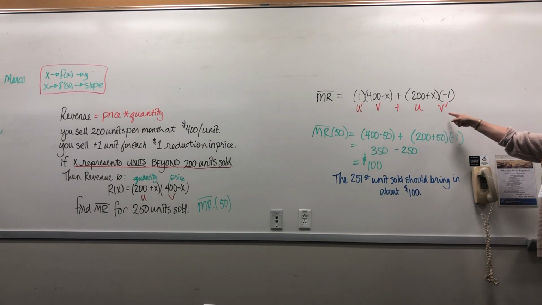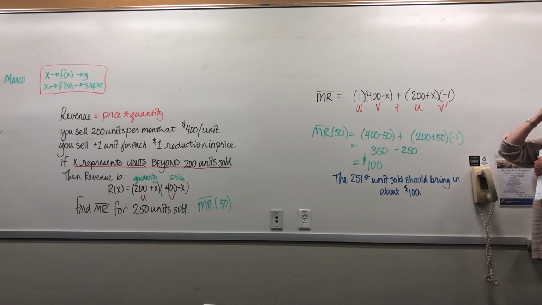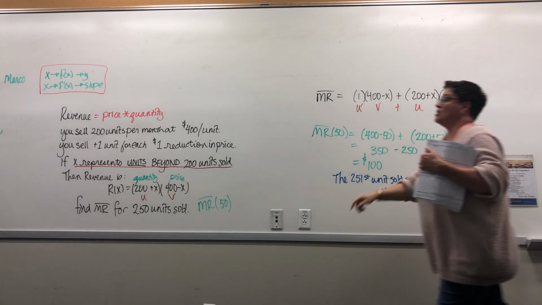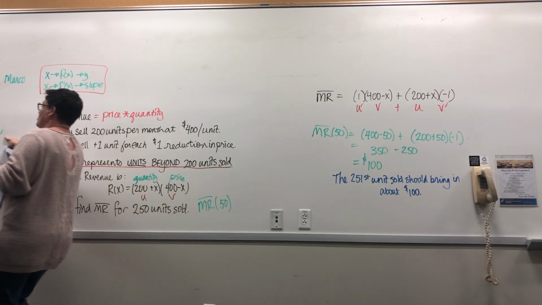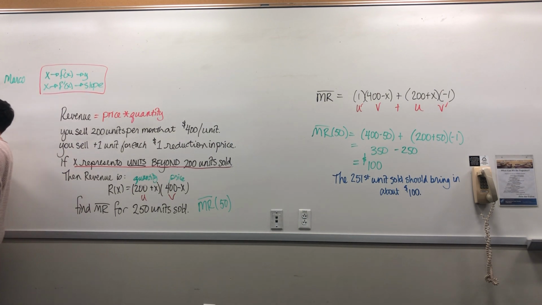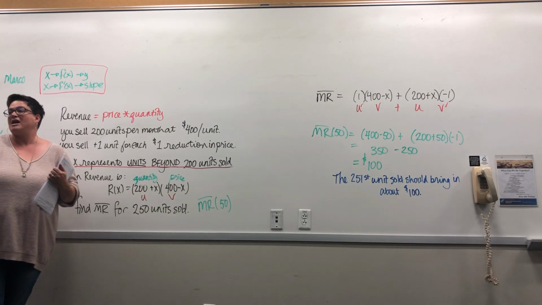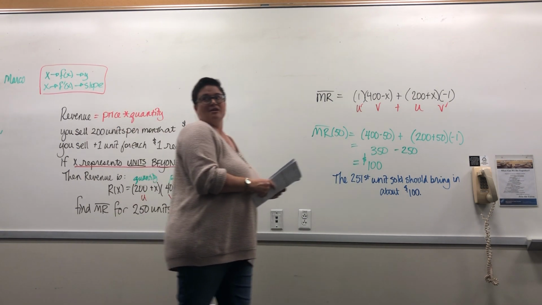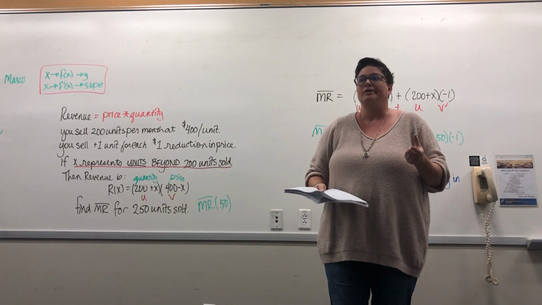No, because A plus B is the same as B plus A. The nature of algebra is that if you're adding two things, 3 plus 4 is the same as 4 plus 3. 3 times 4 is the same as 4 times 3. But 3 minus 4 is not the same as 4 minus 3. So it matters when you're doing quotients because of this minus sign. It doesn't matter when you're doing products because they're both adding. So it doesn't matter which chunk comes first, as long as you're multiplying the right chunk to the right chunk.